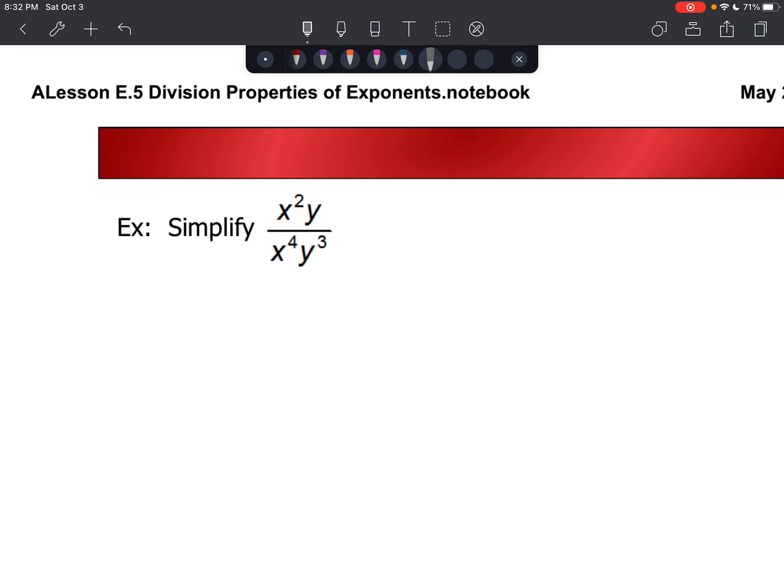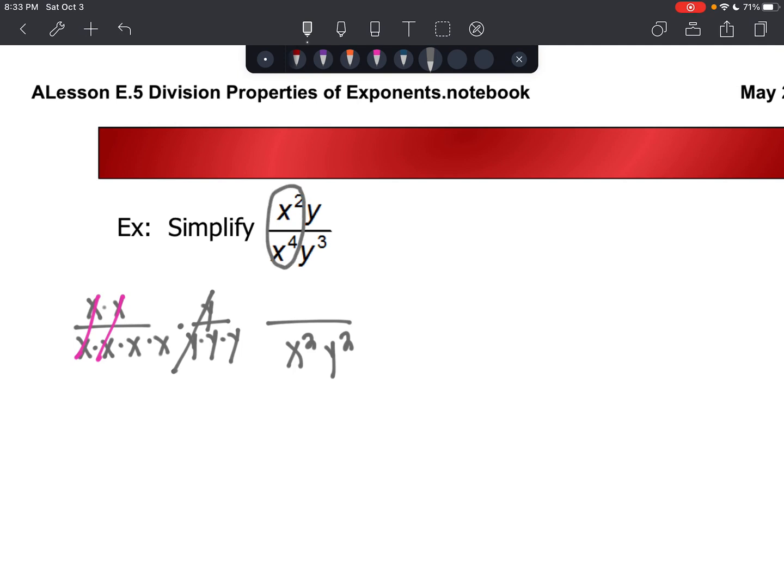Okay, x squared y over x to the 4th y cubed. If you think about 2 x's being in the numerator and 4 being in the denominator, the 2 that are going to cancel out are going to leave 2 in the denominator. So that would be x squared in the denominator. If we think about the y's, that would be 1 y in the numerator and 3 in the denominator, one of those would go away, and I'd have y squared in the denominator.